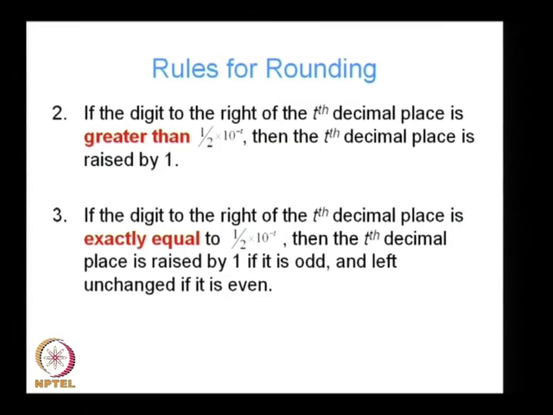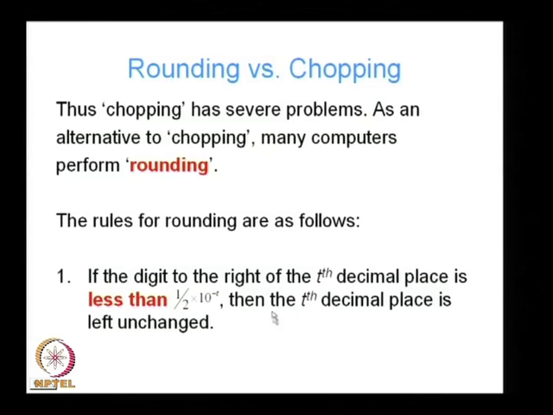For instance, in our example, if our number is 0.3254, then the first rule would apply. The first rule would tell me I have to approximate 0.3254 as 0.325, because the digit to the right of the 10th decimal place is less than 5 into 10 to the power minus 4.